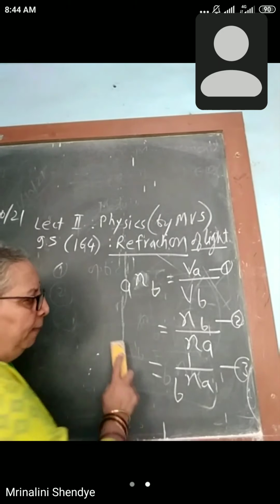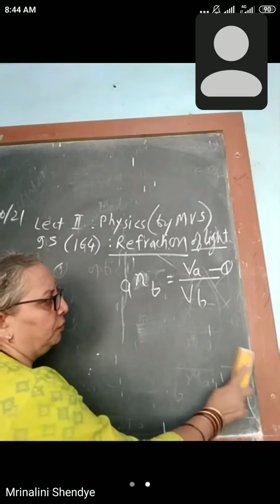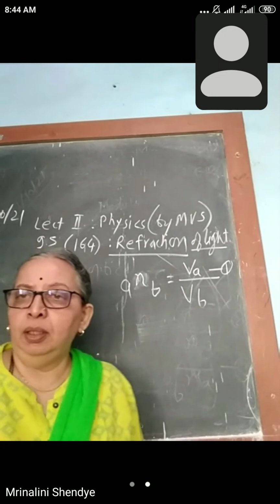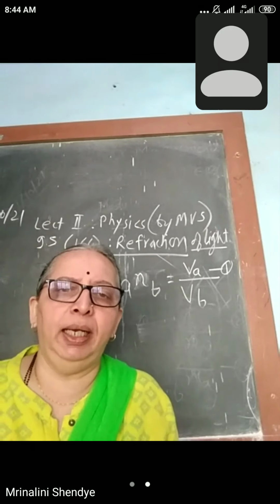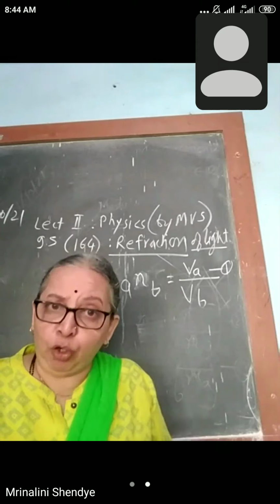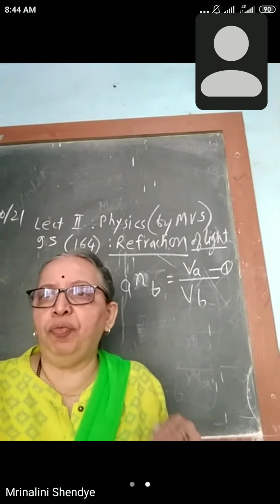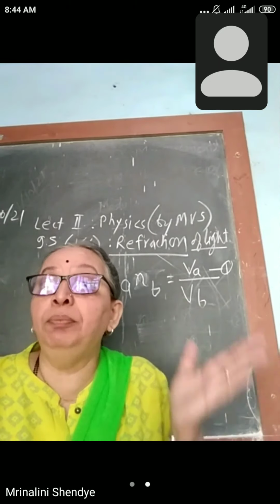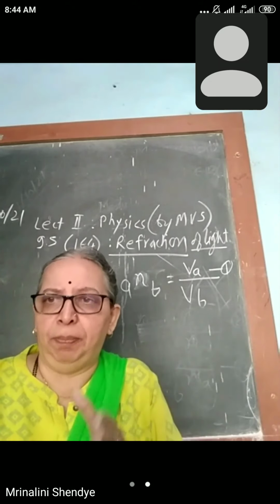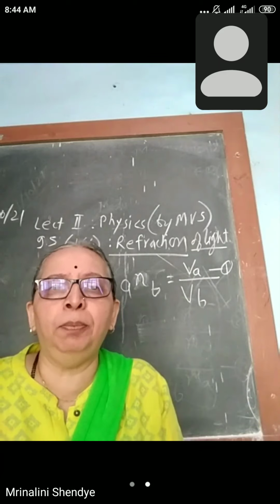When we talk about the change in velocity, it implies this change occurs because the direction of the ray entering the other medium changes. It does not follow the same initial path after crossing the boundary.